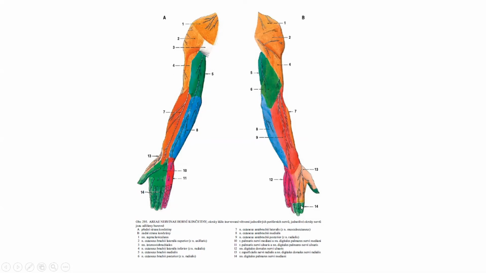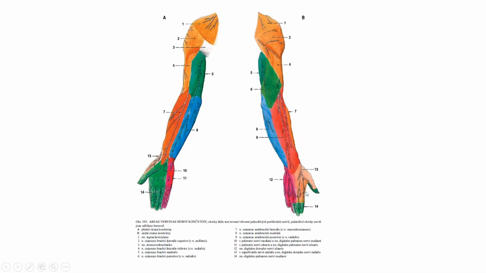And as you see, the nail region of the finger respects the same innervation as the palmar region. It means that the lateral 3.5 fingers' nail region is innervated by the median nerve, and the medial 1.5 fingers' nail region is innervated by the ulnar nerve.